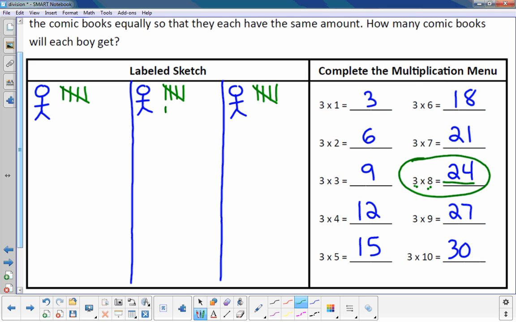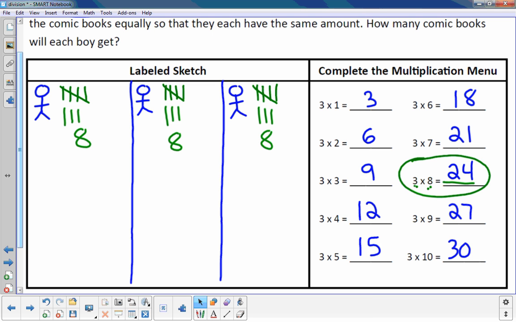So I'm going to go ahead and give each boy 8 comic books. Altogether, that's 24. So there's 1 left over. Erase this a little bit.